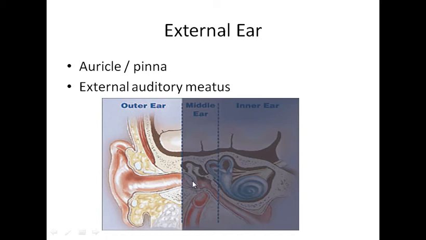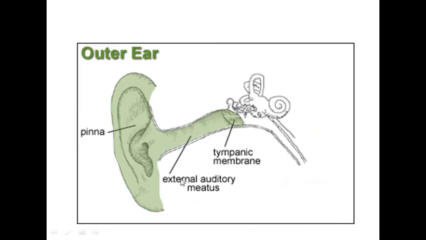The tympanic membrane is actually the line of demarcation between the external and the middle ear. So we have the pinna, the external auditory meatus, and according to some authors, the tympanic membrane in the external ear. This picture shows the pinna, external auditory meatus, and the tympanic membrane. This whole comprises the outer or external ear.